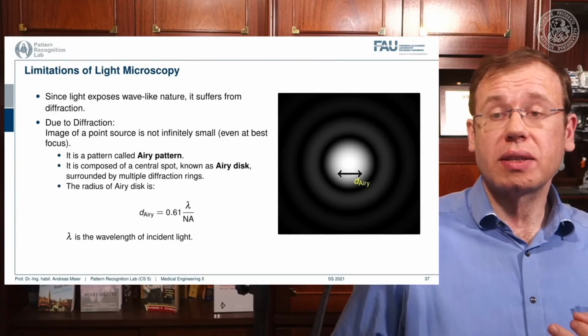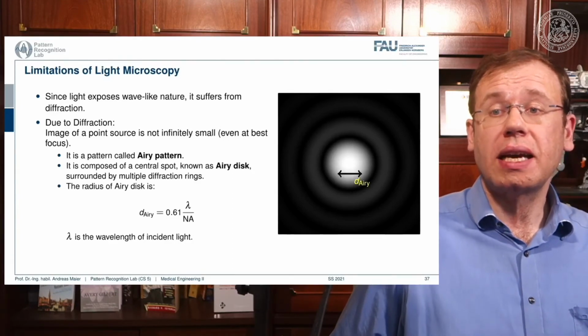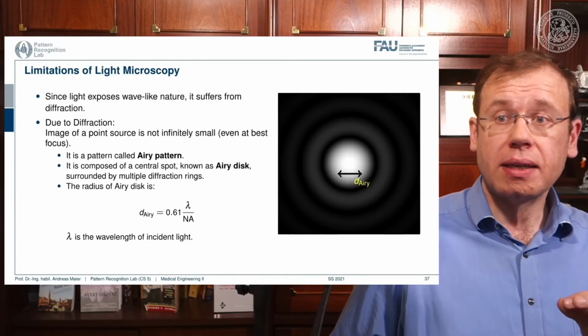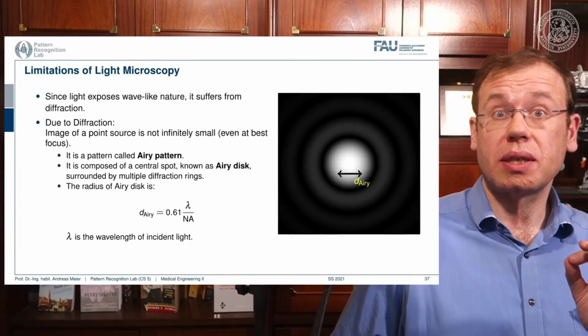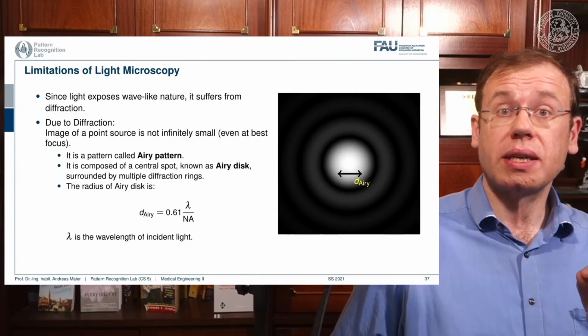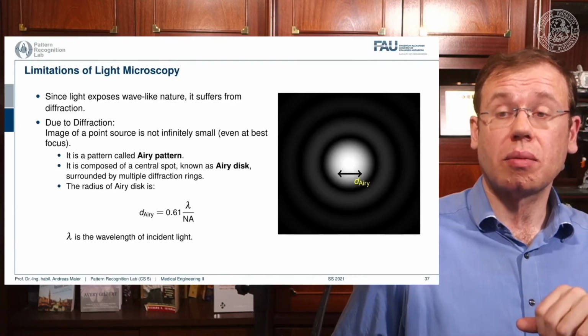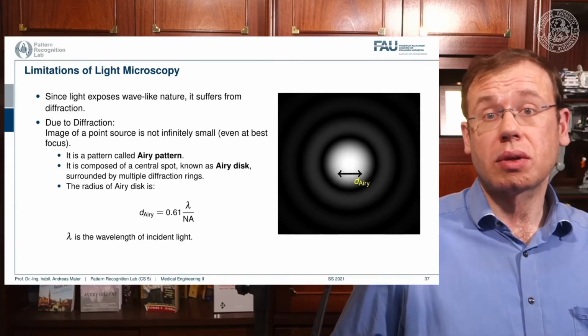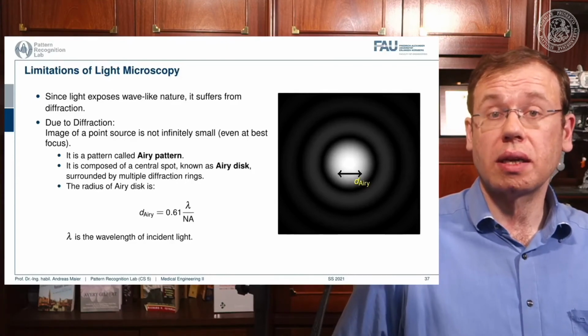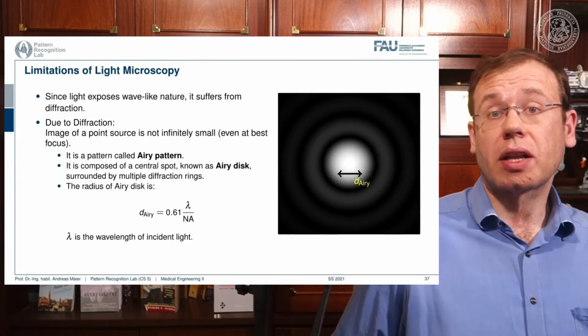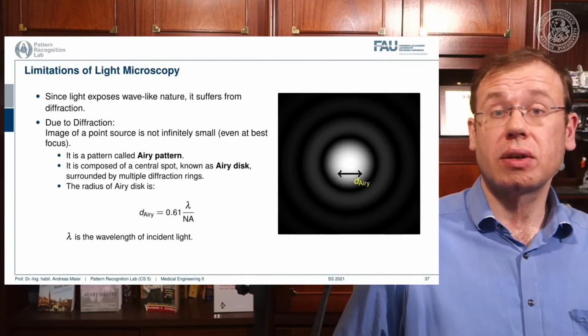And the radius of this Airy disk, that is given here as d Airy, is dependent on the wavelength and the numerical aperture. So it's very hardly constrained by the setup of your microscope. So lambda you can change in terms of the light that you're using. So this is essentially the color of the light that you're using. And the numerical aperture, as we've seen in the last video, is determined by the geometry of the system.